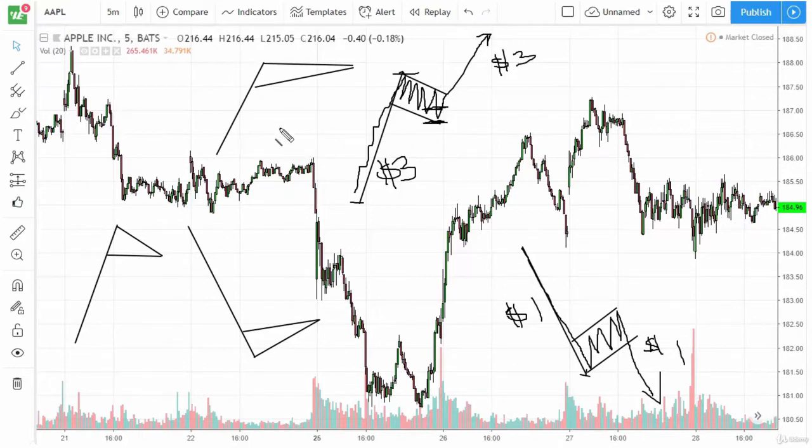Same principles apply here, though. Stop loss on the other side of the pennant. Take your measured move. If this is $1, then you want $1 on the breakout, and so on. It's the same technical setup. It just refers to the consolidation area where price gets stuck before taking off.